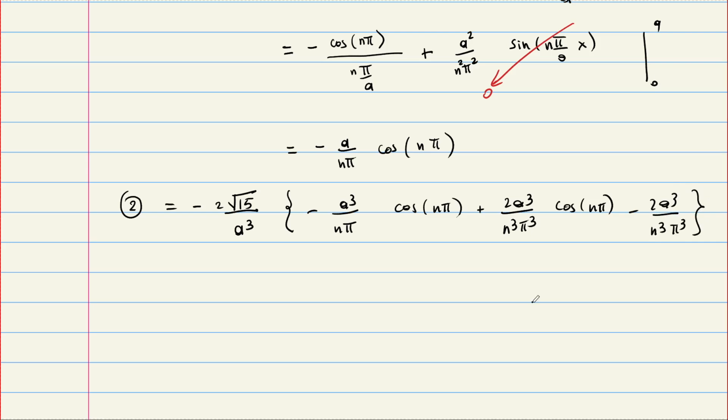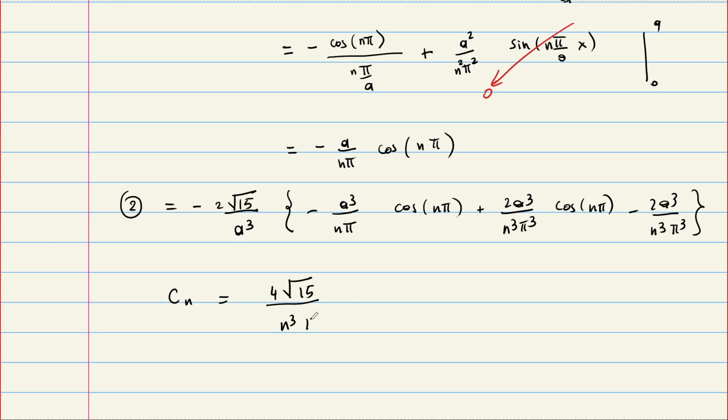Good. And the final result is Cn is equal to 4 root. So some terms from here in 2 are going to cancel some terms in 1, and what remains is very nice.